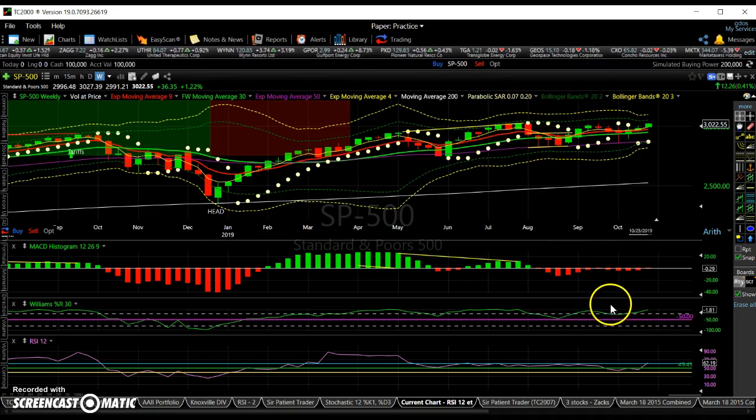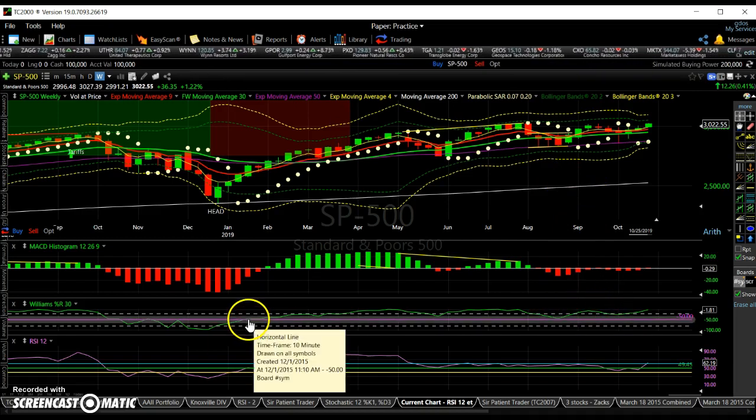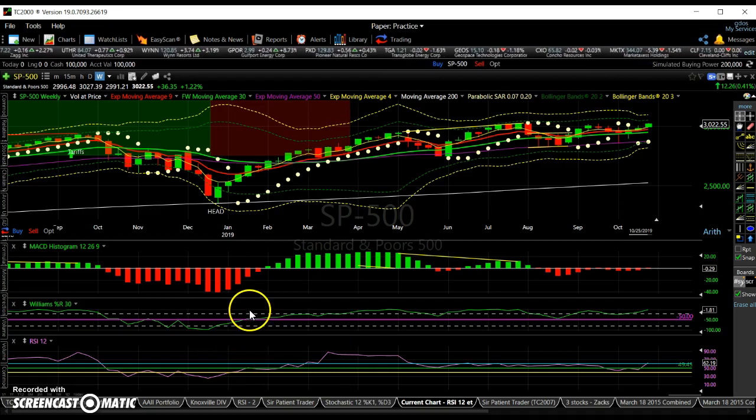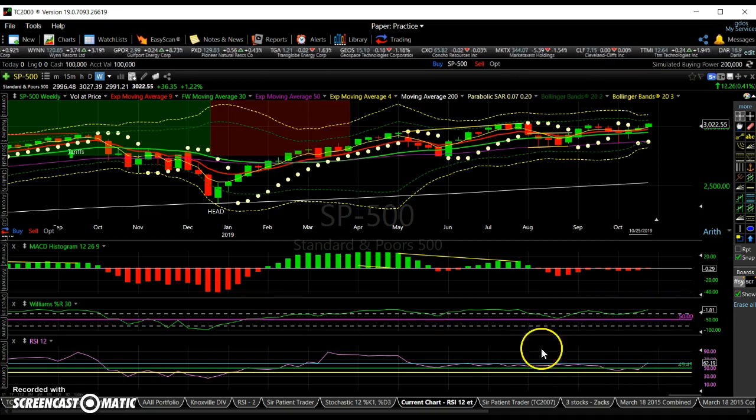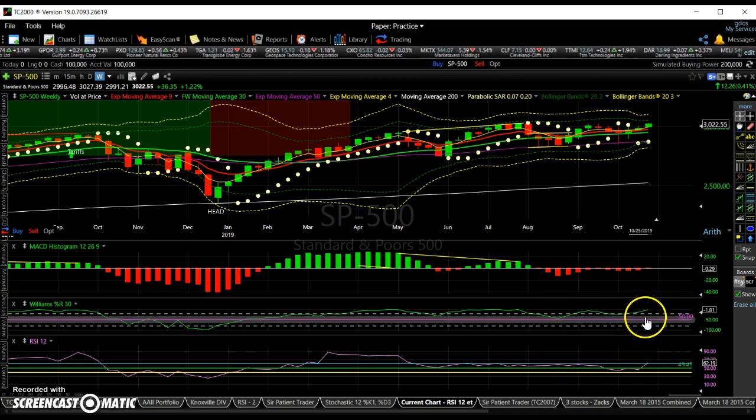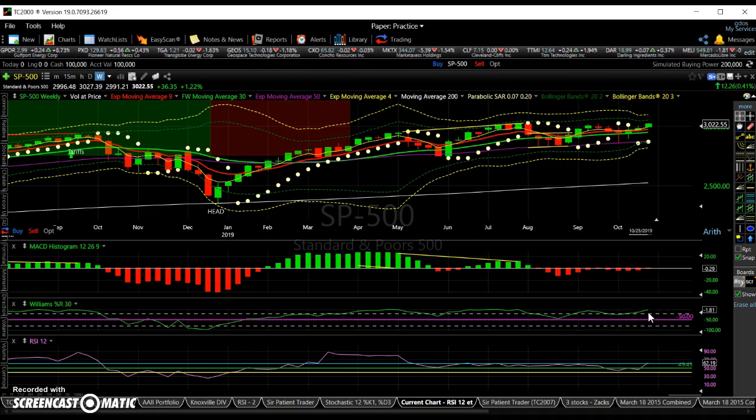Look at Williams percentile. Since it broke above the magenta line, the minus 50 line over here, it stayed above it, tested it once here, tested it here, tested it here, and is trending up above the minus 40 line.